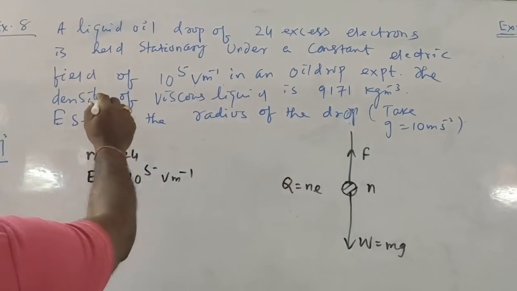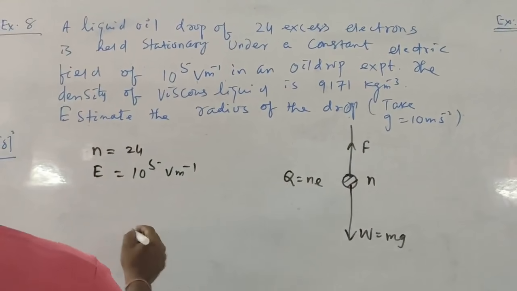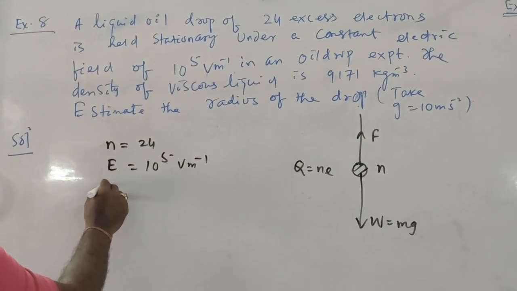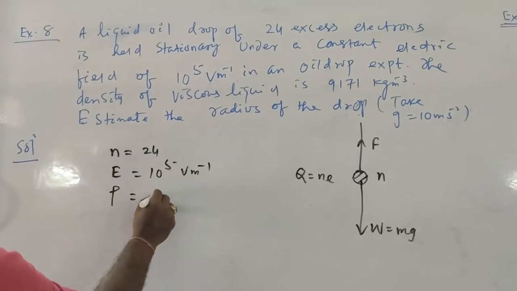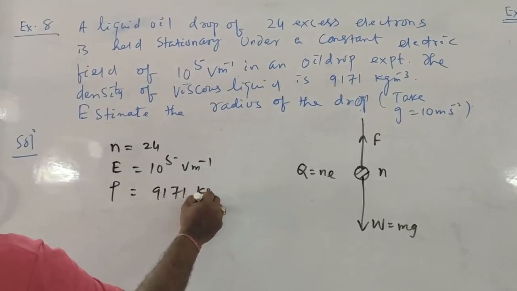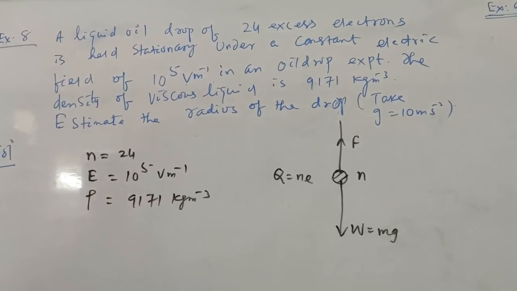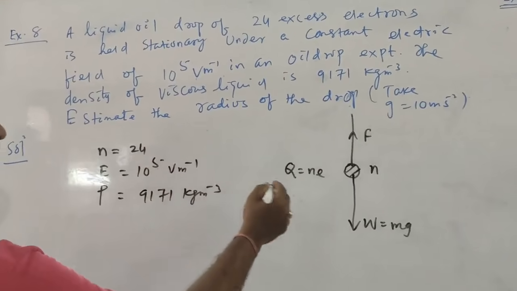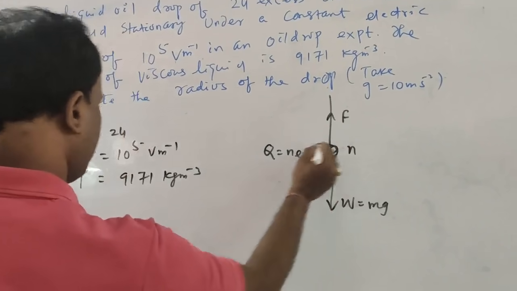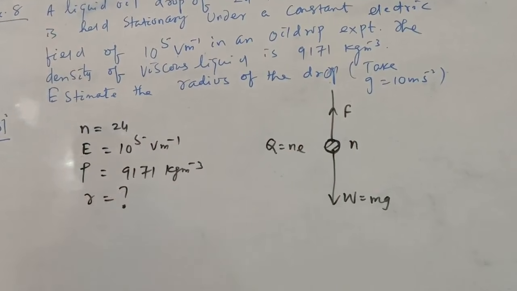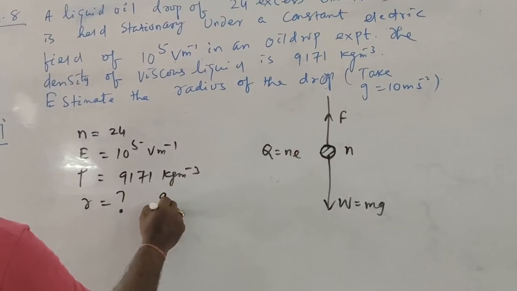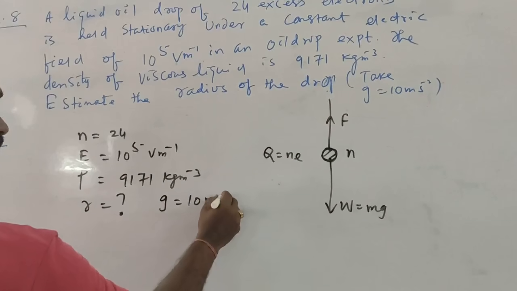Then the density of the oil drop liquid is given, rho is equal to 917 kilogram per meter cube. Estimate the radius of this spherical drop, provided g value is given as 10 meter per second square.